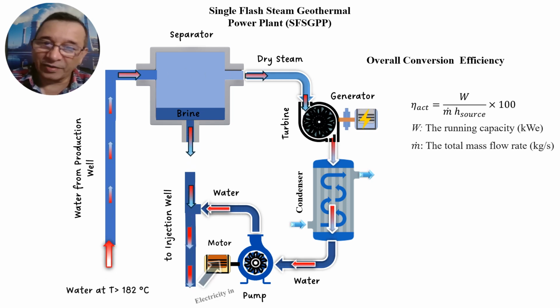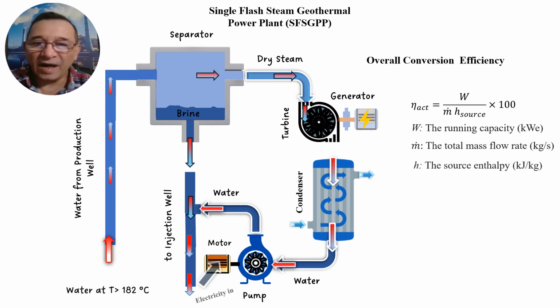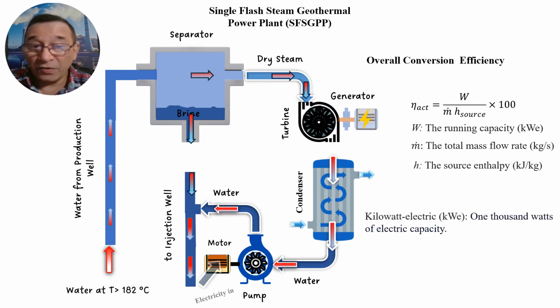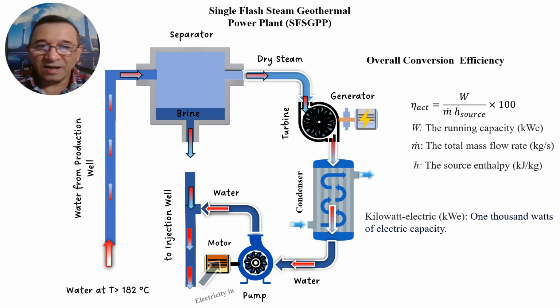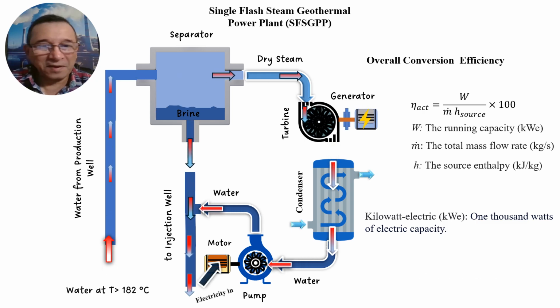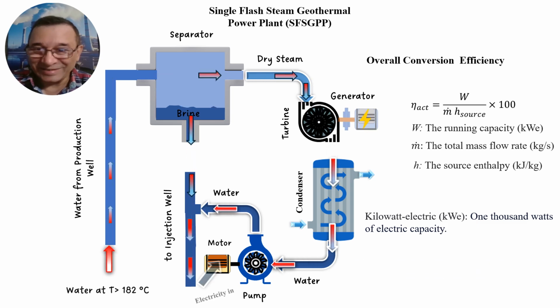Then the low pressure steam passes through a condenser, and the condensate is pumped back to the injection well. This is called a single flash tank, and usually water is extracted from earth at a temperature higher than 182 Celsius.